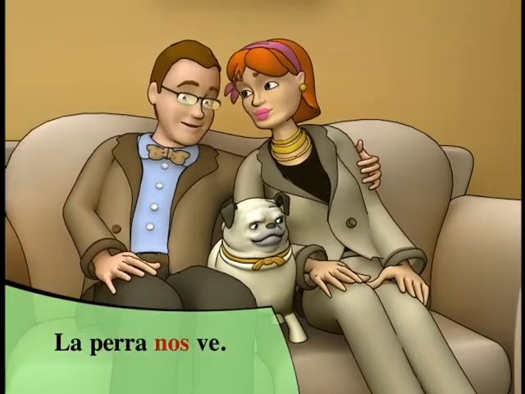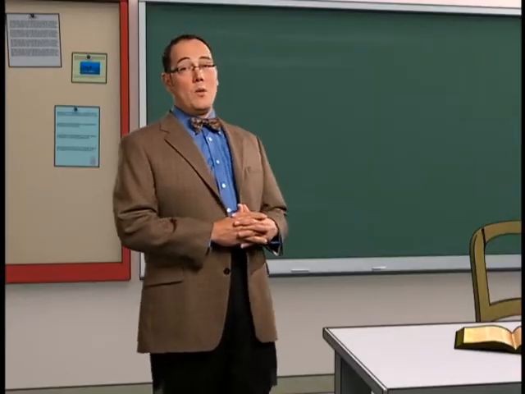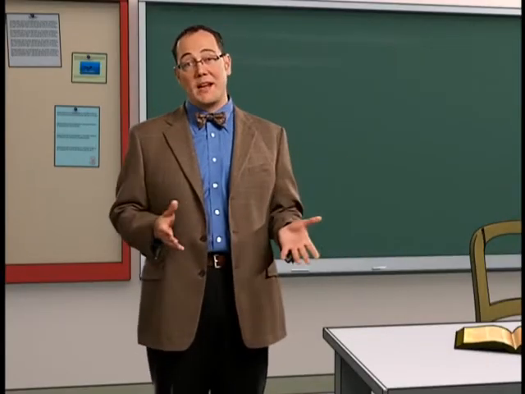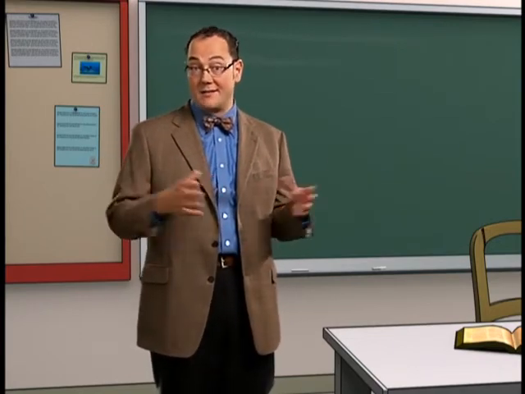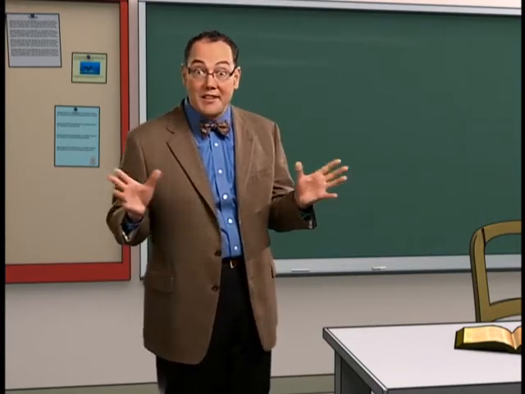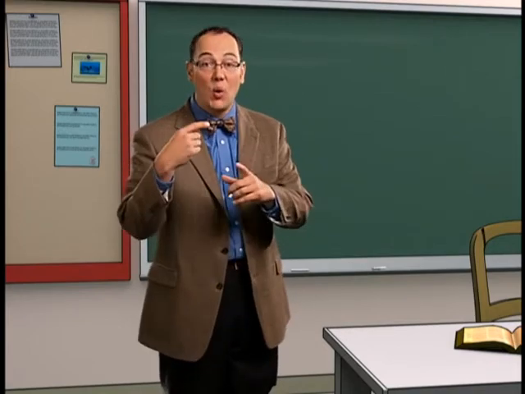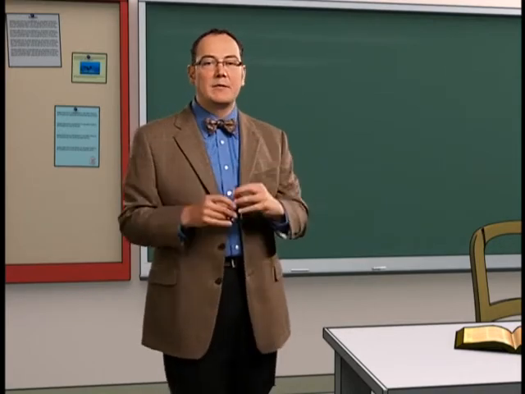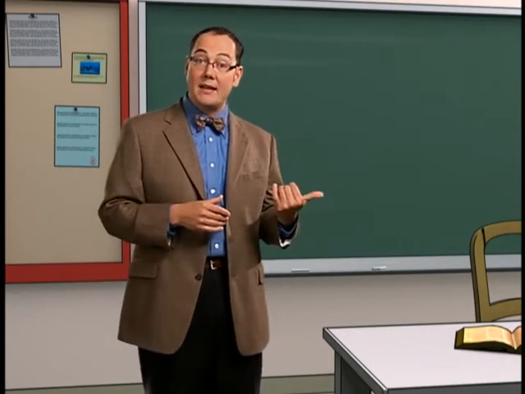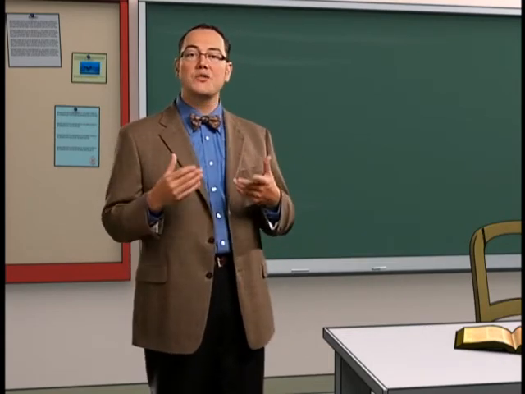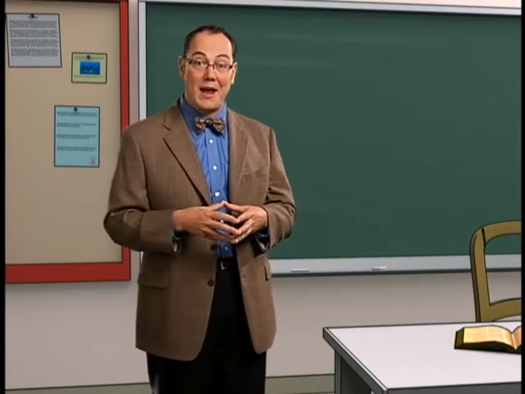La pera nos ve. We can pretty easily guess that the indirect object is the indirect receiver of the action of the verb, right? And guess what? Those last three direct object pronouns that we just learned, me, te, and nos, are also used as indirect object pronouns.